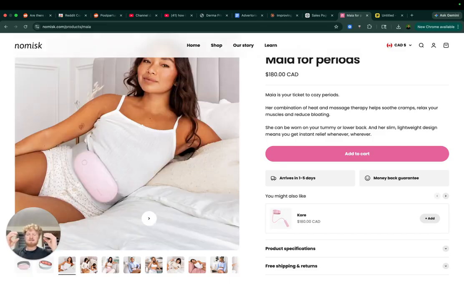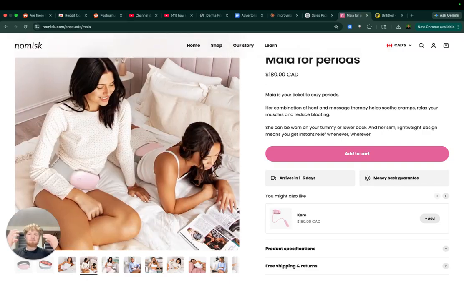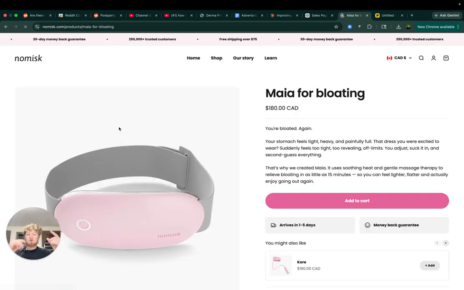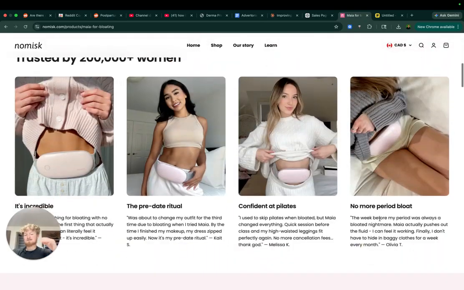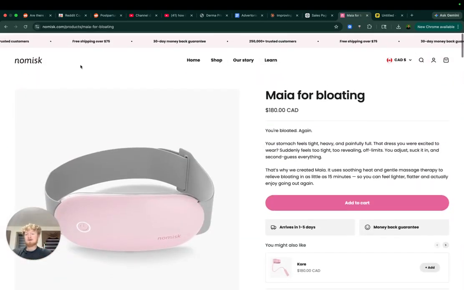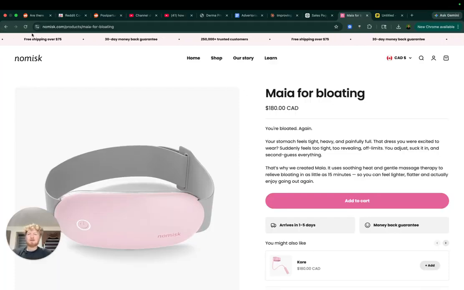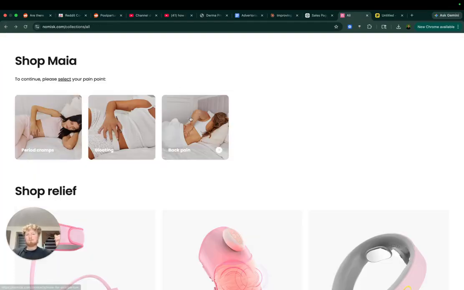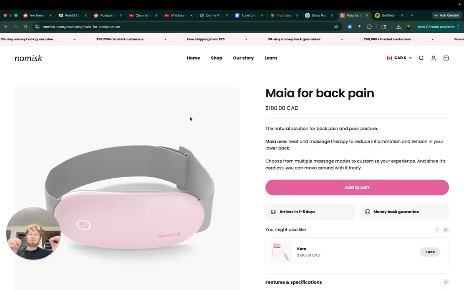I'm sure you have seen it everywhere, where everybody was selling this at one point, but the one thing these guys did differently is they also market this towards bloating. As you can see, the product page is pretty much the exact same. It's just a different marketing angle, which is bloating. If we go back, they're also doing this for back pain.